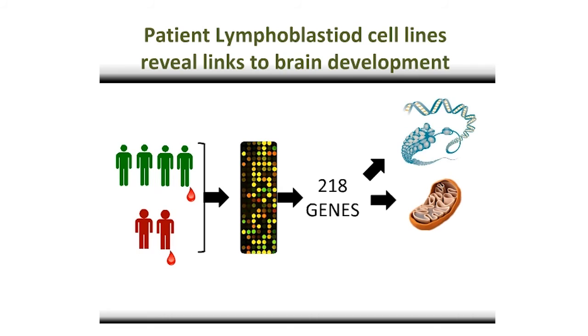What was pleasing to us is when we did gene ontology analysis of these genes, we were pulling out pathways that HCFC1 was known to regulate, that being chromatin modification and also the control of mitochondrial function. Somewhat to our surprise, it also highlighted unknown functions for HCFC1.